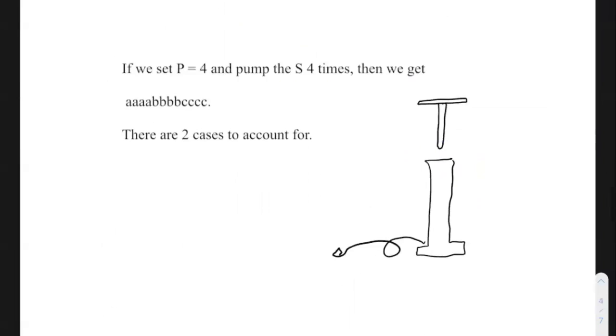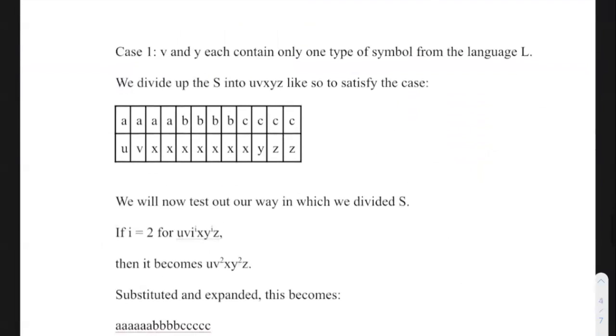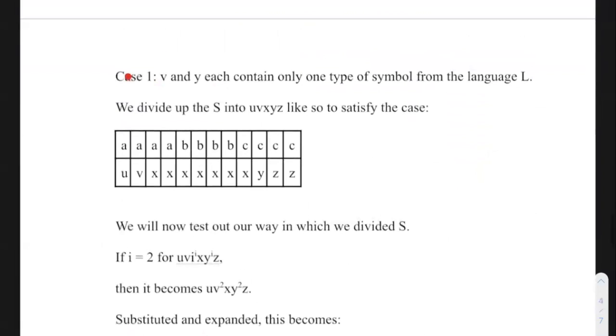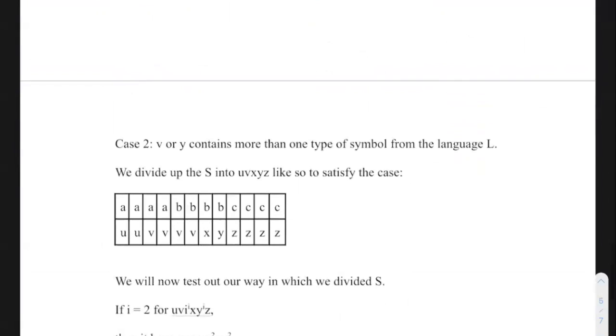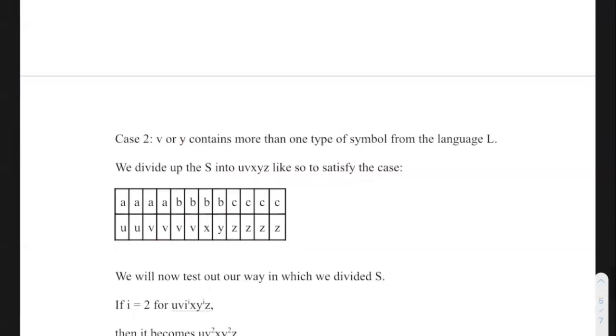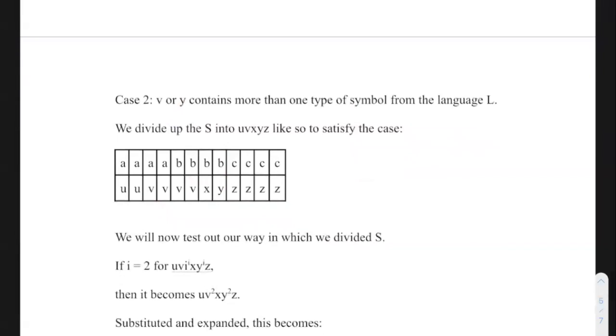And then we got the 2 different cases where V and Y are the same and they each contain only one type, and also V and/or Y contains more than one type. So they're not the same amount, and one of them contains, in this case, 2 types, A and B for V, and then Y contains only 1 type.